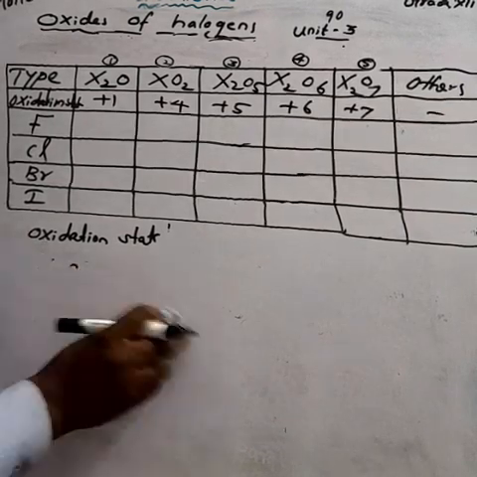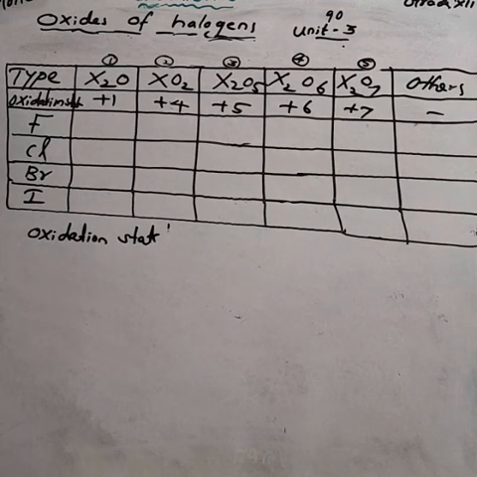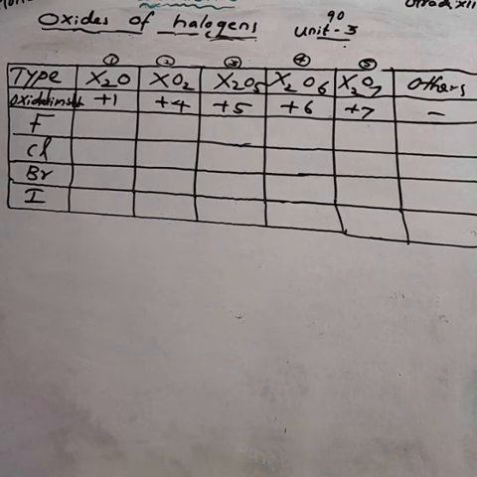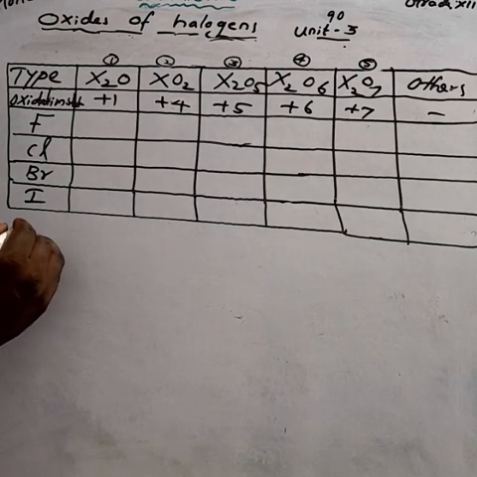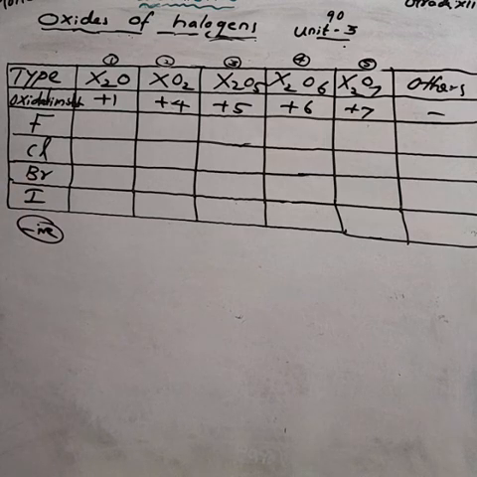Let us begin to discuss the other compounds. My dear children, first we are going to learn about fluorine, one of the halogens. All of you know that fluorine is the most electronegative element among halogens. It is also small in size, am I right? Except fluorine, others can form oxides of halogen.